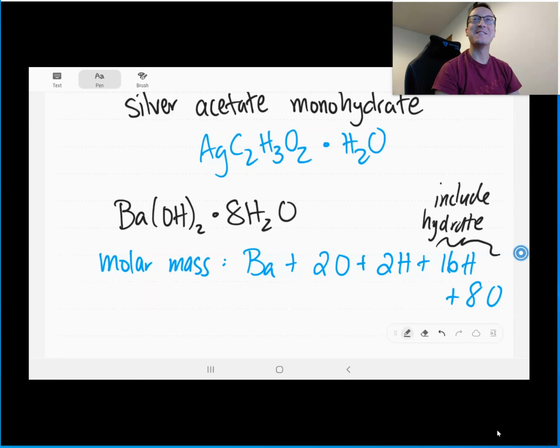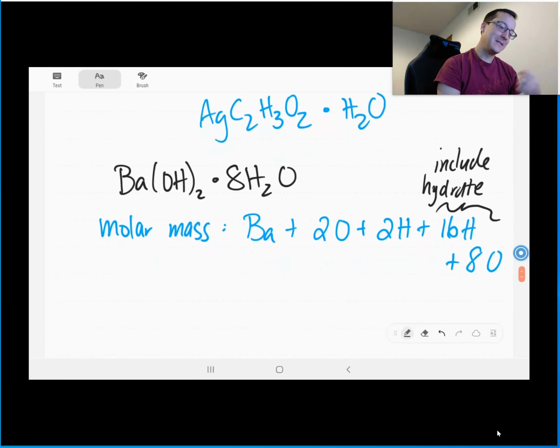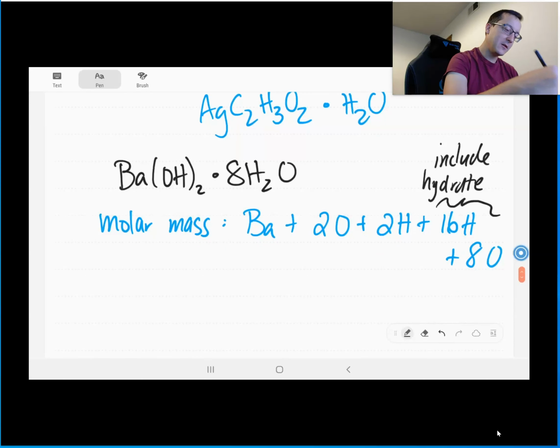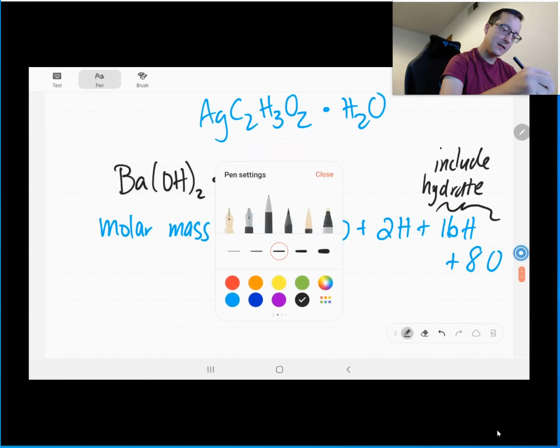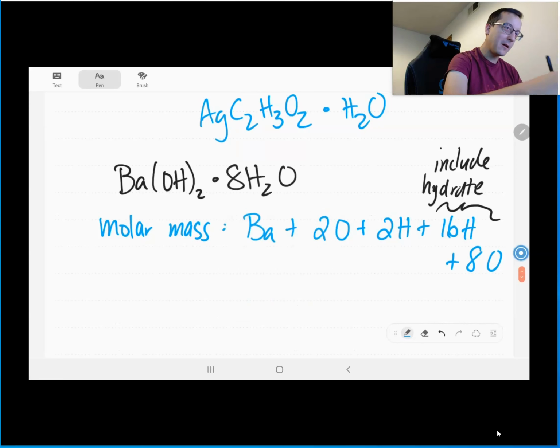Sure, Robert, whatever you say. And so that would become, let's see, barium is 137.3.